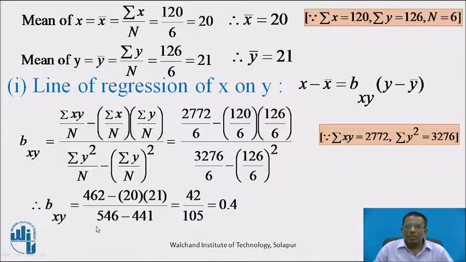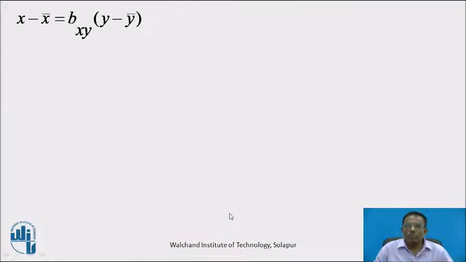When we simplify, bxy equals, in the numerator, 462 minus 20 into 21, upon 546 minus 441, which is equal to 42 upon 105, and which gives 0.4. So, the value of b suffix xy is equal to 0.4.